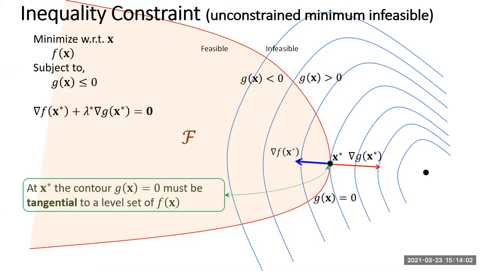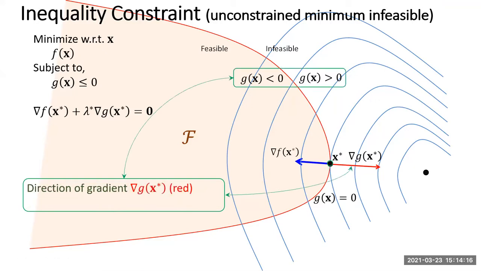Now this g of x equals 0 must be tangential to this level set of f of x, correct? As before. And this is the direction of the gradient. The gradient of g has to be opposite to the gradient of the objective function.